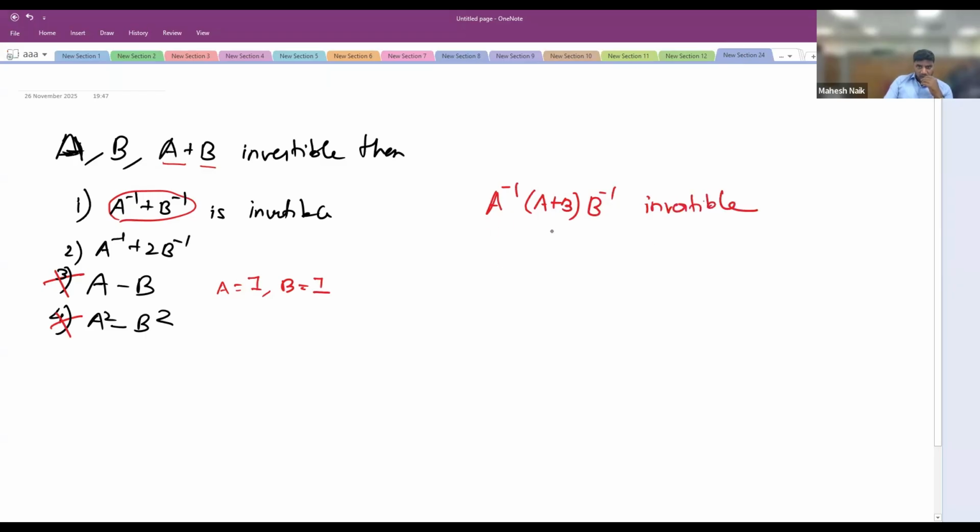And if I pre-multiply with A inverse first, that would give me identity plus A inverse into B, followed by multiplication with B inverse, which will give me B inverse plus A inverse into identity, which is A inverse plus B inverse, so it is invertible.